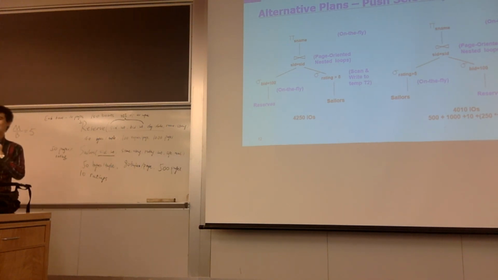So that is tricky. If you do not do materialization, then it's better to use Reserves as the outer. But if you do use materialization on the inner relation, then suddenly Sailors becomes a better choice as the outer relation. So you see why this is tricky.